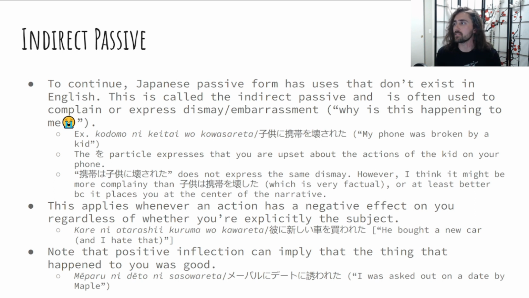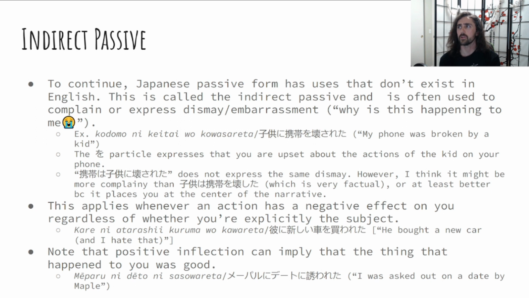Because I think as English speakers, when we jump into learning Japanese or any language really, we kind of want to keep all of our old habits and our mindset of how to express things. And I think this one requires a pretty big shift because we really don't use passive like this.